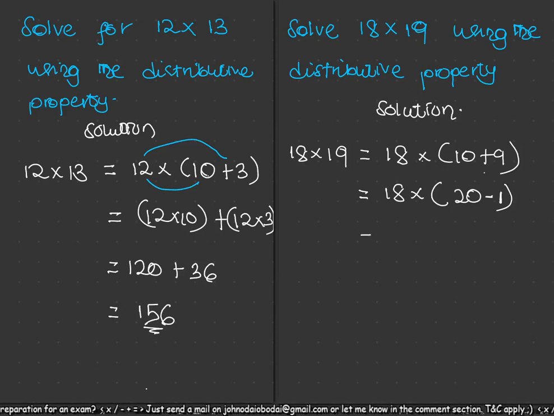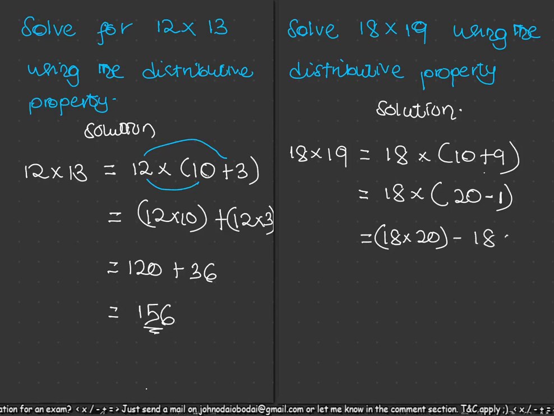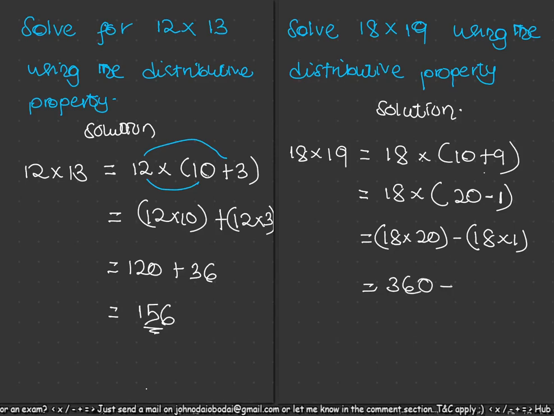So distributing 18 over the bracket, we have 18 times 20, then minus 18 times 1, just as we have always done. 18 times 20, you can just do 18 times 2, which is 36. Then you add your 0, then minus 18 times 1, which is your 18.